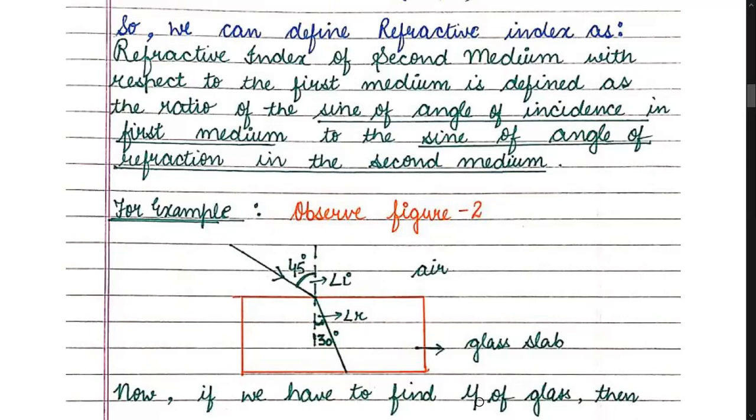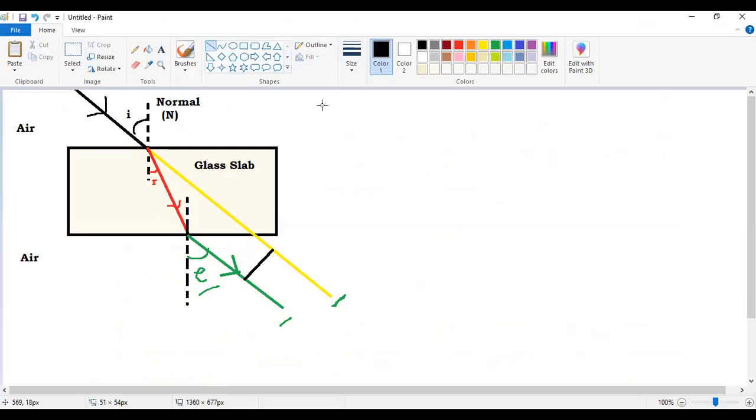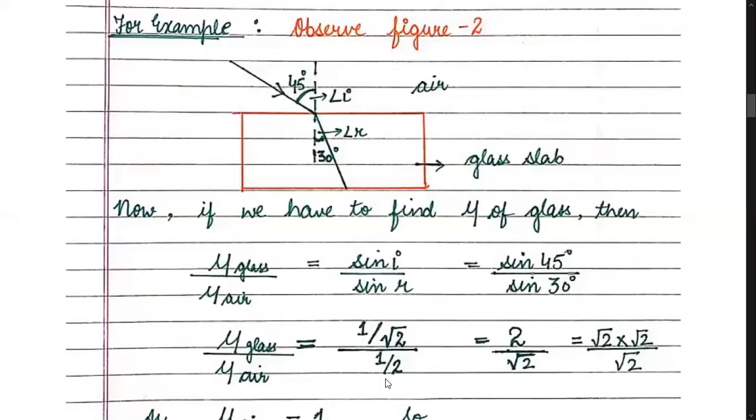So students, angle of incidence was already in first medium. If it was air, we were drawing angle of incidence in air, and angle of refraction was in the second medium when we were drawing it in glass. Glass was considered as second medium. Now let us see figure number 2.